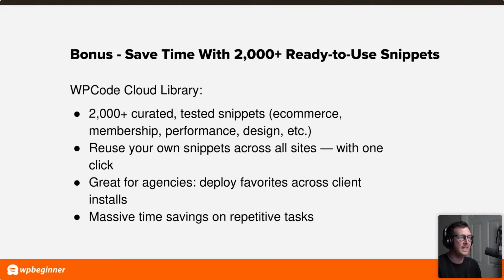It's got massive time savings because if there's a snippet that you're looking for, it's probably in that cloud library already, and it's ready to go. You can see within the library itself how many people have used it and the star rating it gets, which I think is really useful if you're new to this and looking for snippets. So that's definitely a massive bonus and a big part of WP Code Pro.